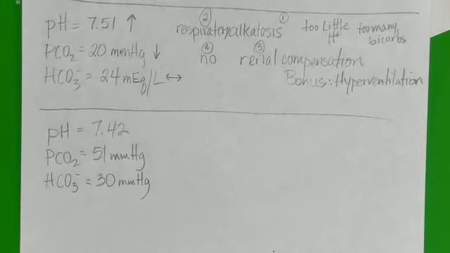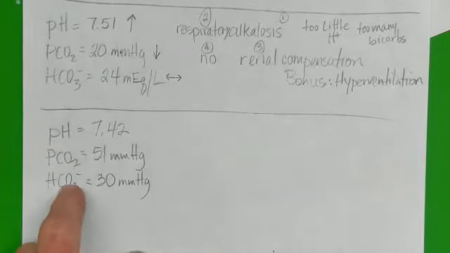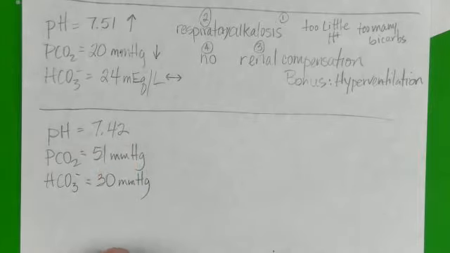What's wrong with my pH? Is there anything wrong with my pH? Am I in a normal range? Yeah, I am. Okay, so let's leave that for just a minute. But let's look at these other numbers. Are they within normal range too? No, they're not. Okay, so what that means is there's something wrong with me.